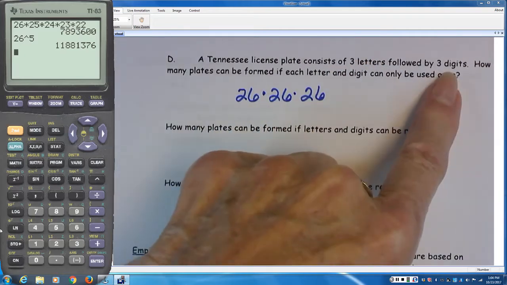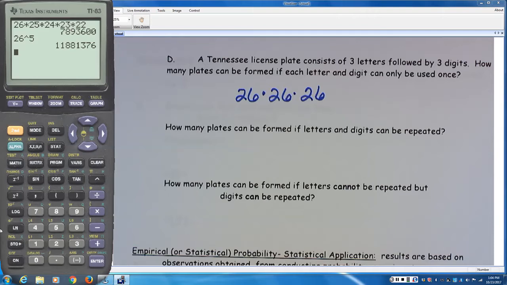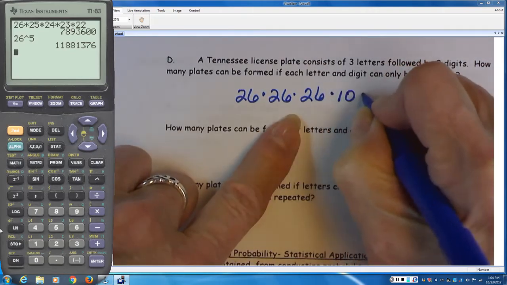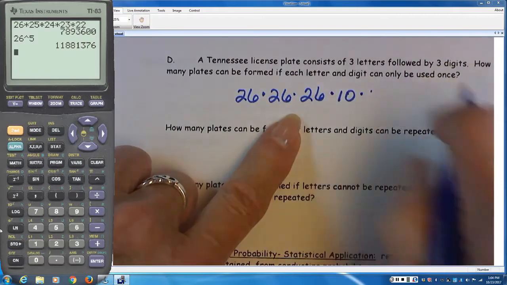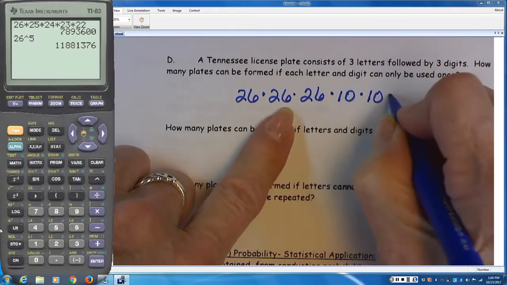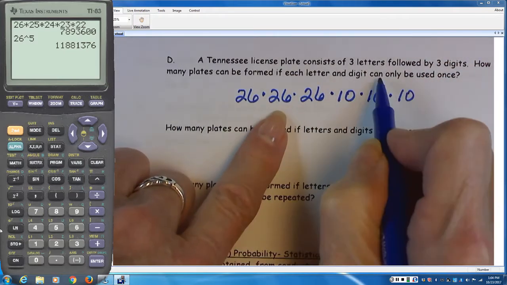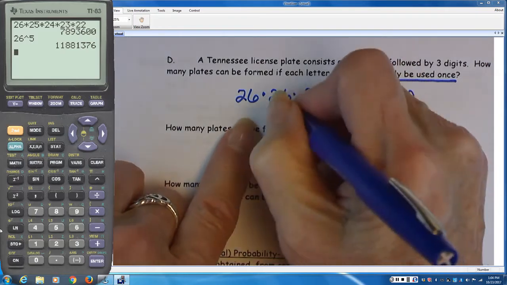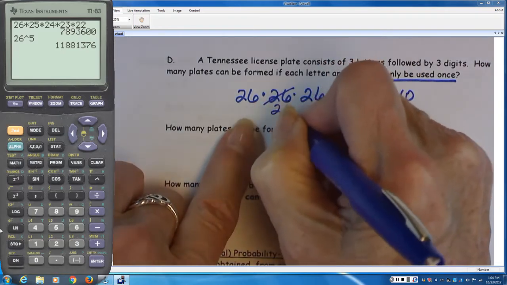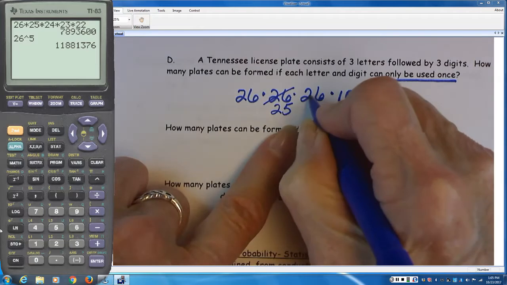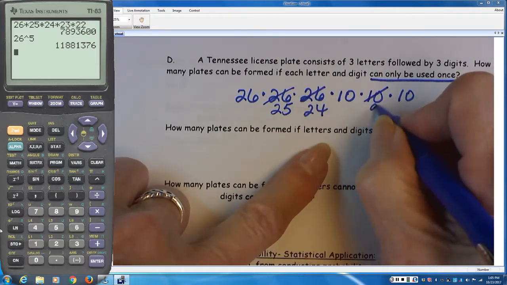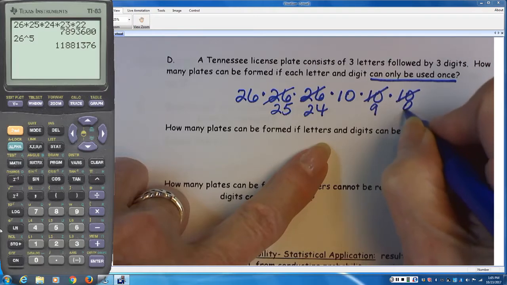And then 3 digits, there are 10 digits, 0, 1, 2, 3, 4, 5, 6, 7, 8, 9. So that would be times 10 times 10 times 10, except it can only be used once. That means that would become 25, that would become 24, that would become 9, and that would become 8.